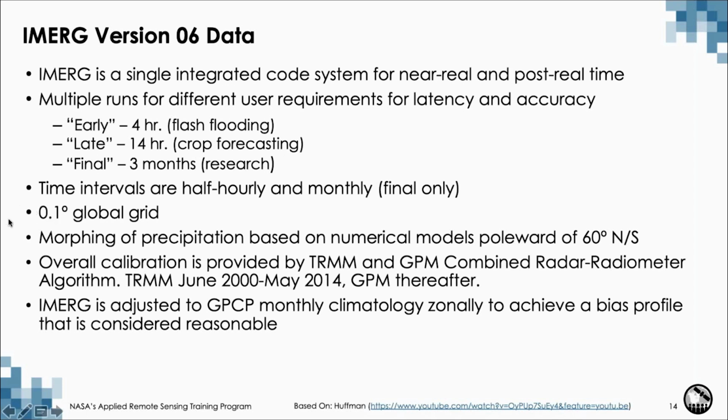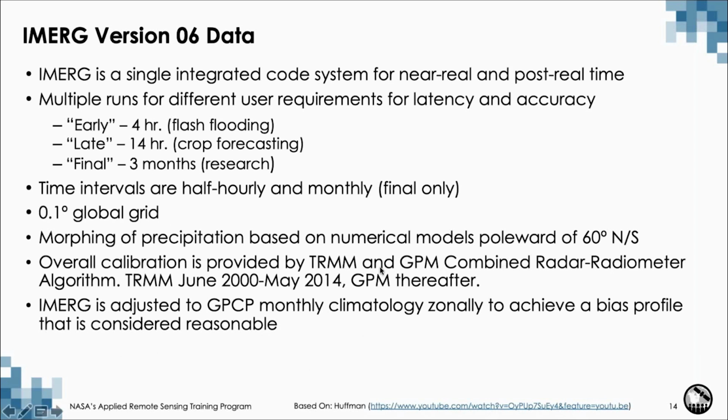The data resolution is 0.1 degree. It's a global grid. Although precipitation from GPM is available from 60 south to 60 north, there are other satellites that are combined, and morphing is used to get global precipitation.